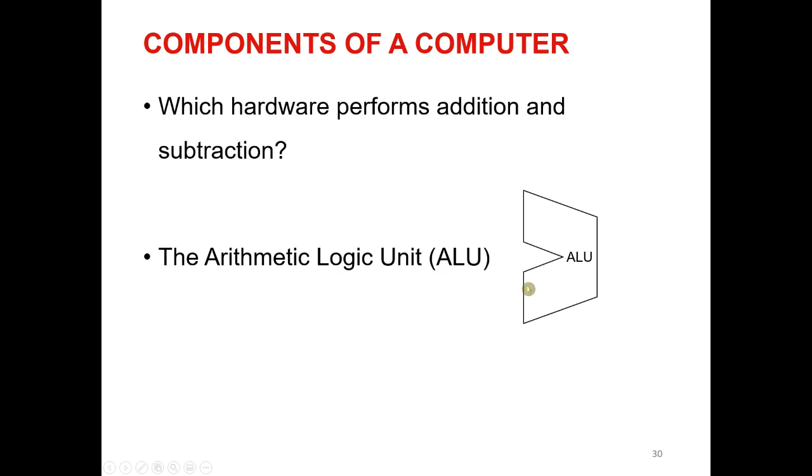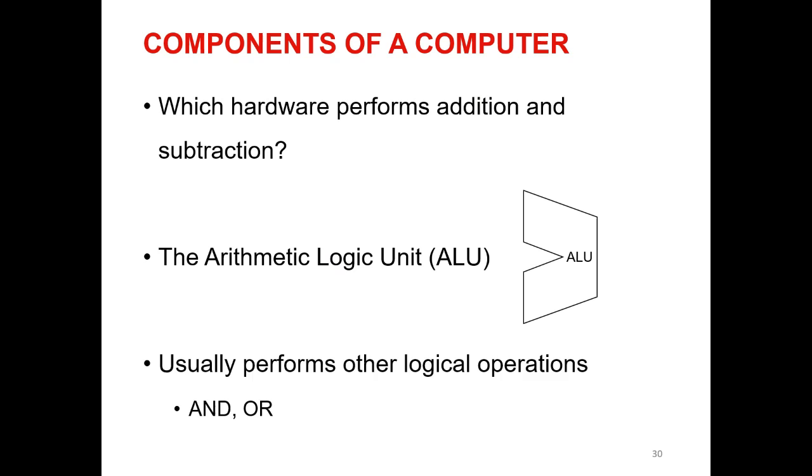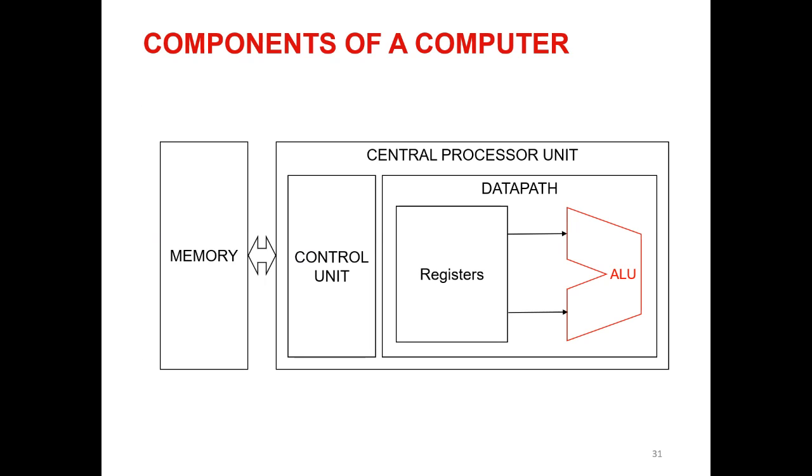This is the part of the computer which performs add, subtract, and, or operations. If we go back to our architecture, remember we have the memory, the central processor, the control unit, the data path, and inside the data path we have the registers that we have already seen, and now we have this arithmetic logic unit, which is the hardware which performs the add, the subtract, the AND, the OR operations.